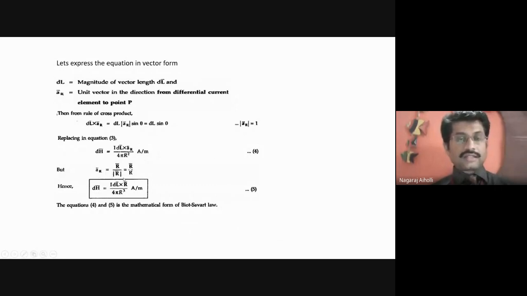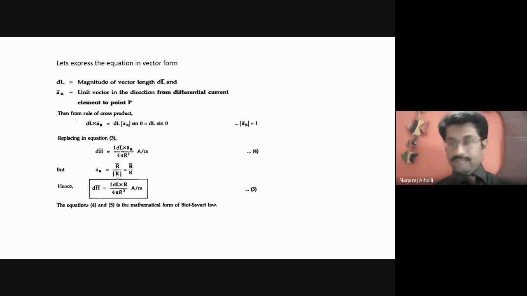How to get the unit vector, students? What is the equation to get the unit vector? How do you find the unit vector? What is the formula? Anyone? Module 1, what all we have studied? Vectors. How do you find the magnitude of unit vector?